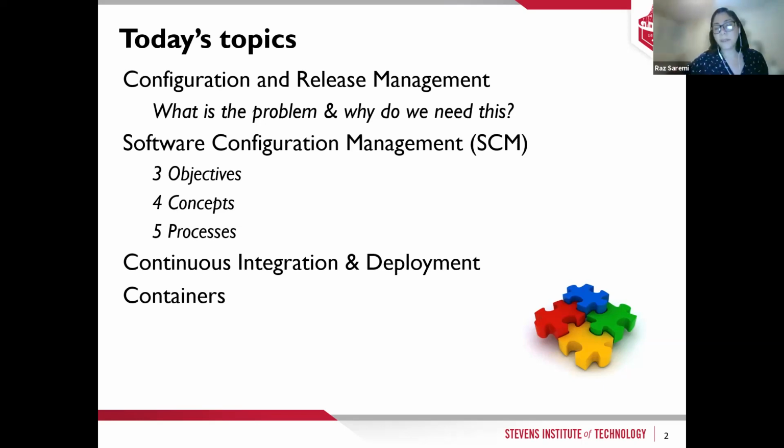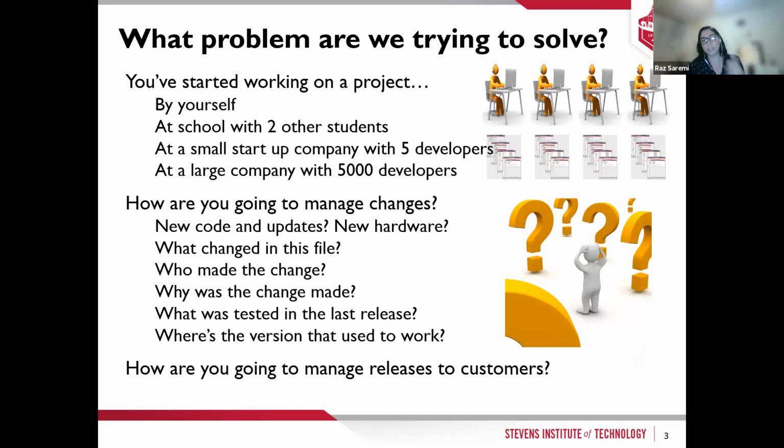So the problems that we need to solve are how big of a project I'm going to work on, exactly what part of the project right now I'm going to test, and how I'm going to manage all the changes. Where are these changes coming from, guys? Remember from last week, we talked about the agility in the market.